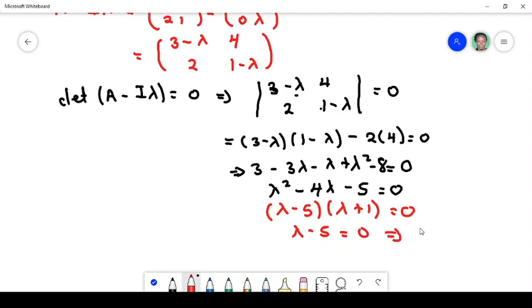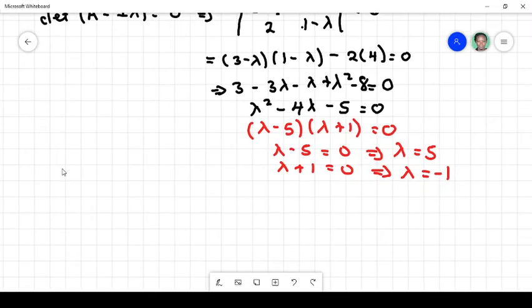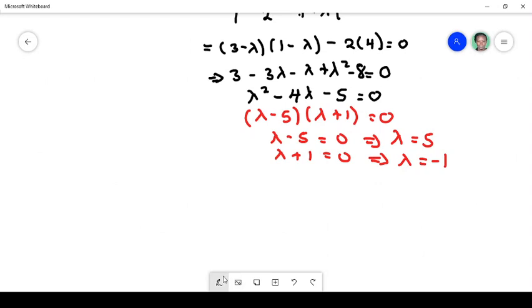This implies that my lambda is equal to 5. Then lambda plus 1 equal to 0. This implies that my lambda is equal to minus 1.